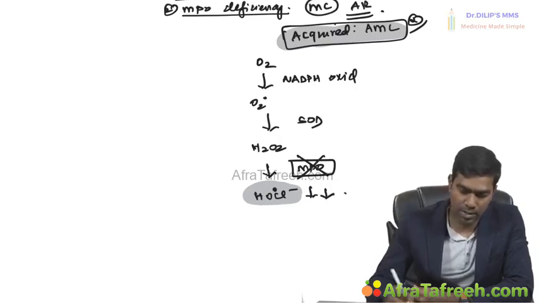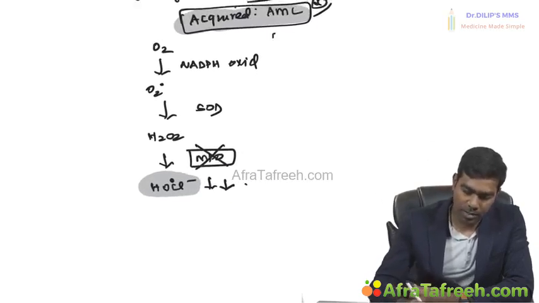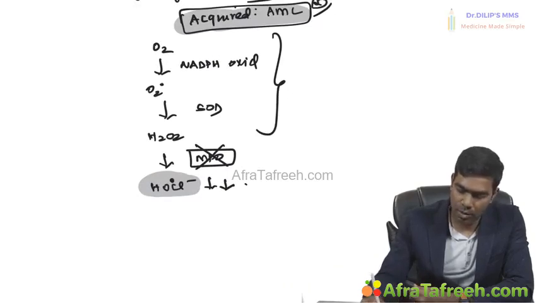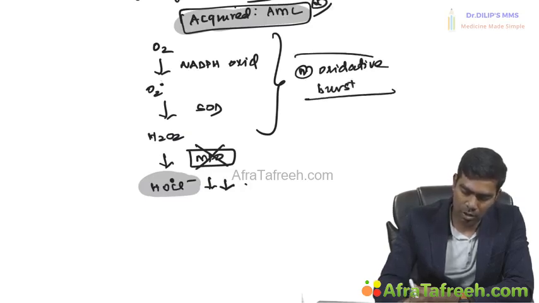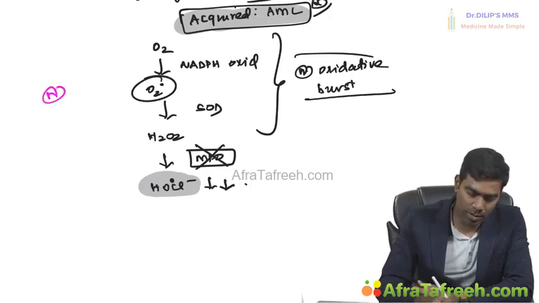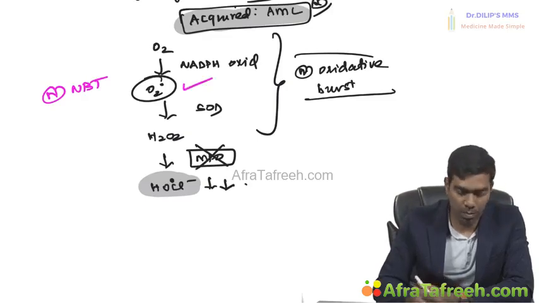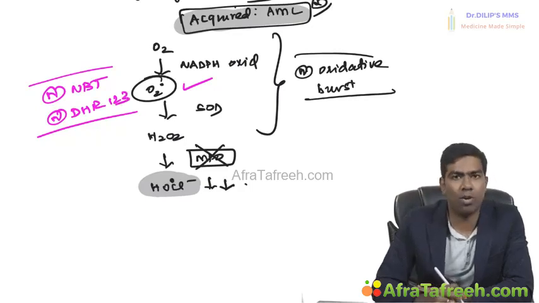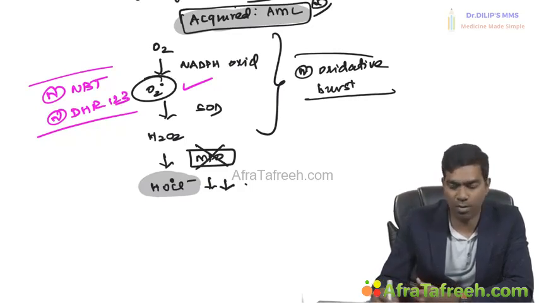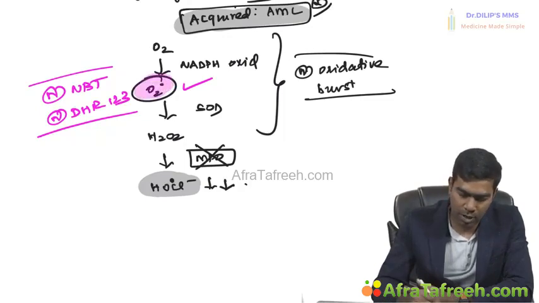This production will be decreased, but they will have a normal oxidative burst. Neutrophils will have normal oxidative burst, which means they can produce the oxygen free radical, which means there will be a normal NBT test. Since they produce oxygen free radical normally, they will have a normal NBT test and they will have a normal DHR 1, 2, 3, that is the dihydrorhodamine 1, 2, 3 test. Everything will be normal. There will be no problem in this because they have a normal free radical production.